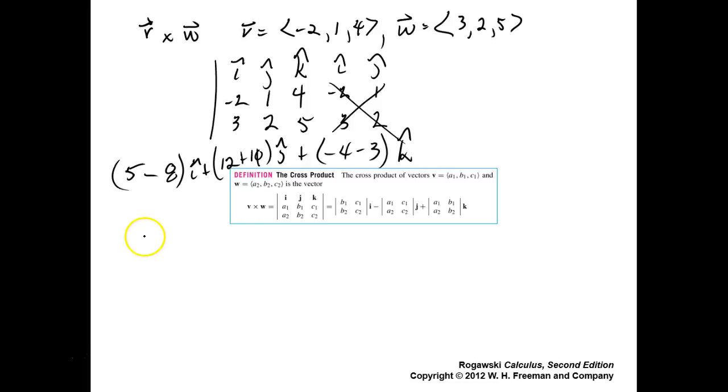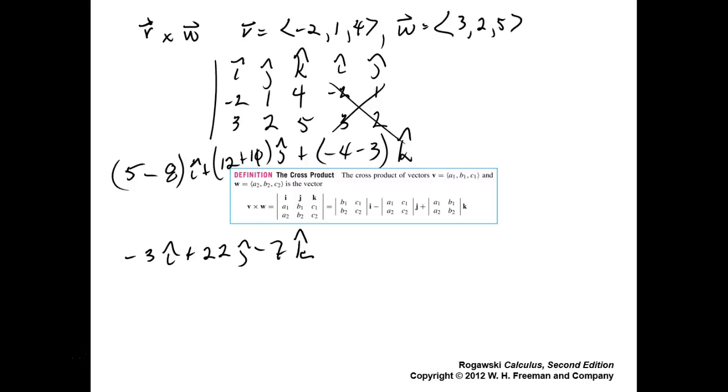So what do we have? Negative 3I plus 22J minus 7K. The cross product of those two, really a weird setup. They have a minus 22. Did I do something wrong there? Oh, wait. No, they do a minus, making it plus.